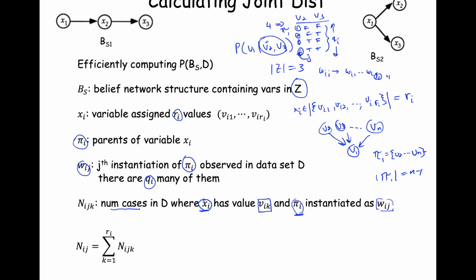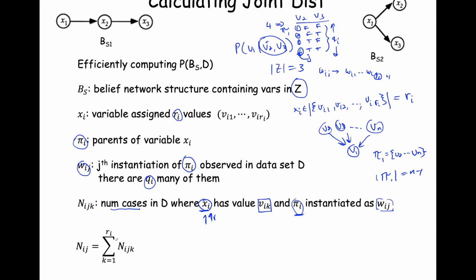Okay. And so then if we were to talk about all of the different values for a particular variable, we would sum together all the nijks for the first value of the variable, for the second value of the variable, for the third value of the variable, and so forth.